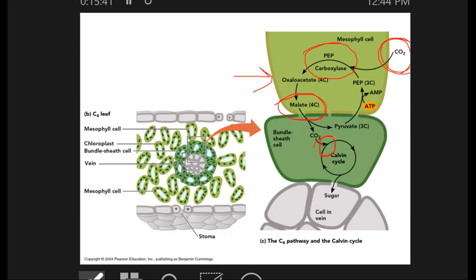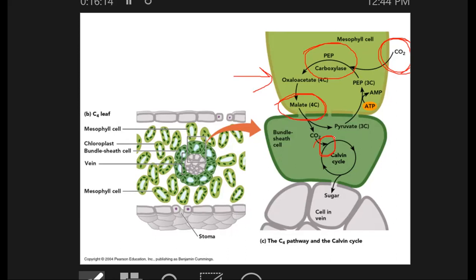So plants that have the C4 pathway are really good at growing, doing photosynthesis, making biomass in areas of the world like the tropics and the subtropics where you have hot days consistently and droughty periods. And so they can close down their stomata to like 5% open and just kind of have CO2 trickling in, conserve water, and they can still do a great job here with making their sugars.